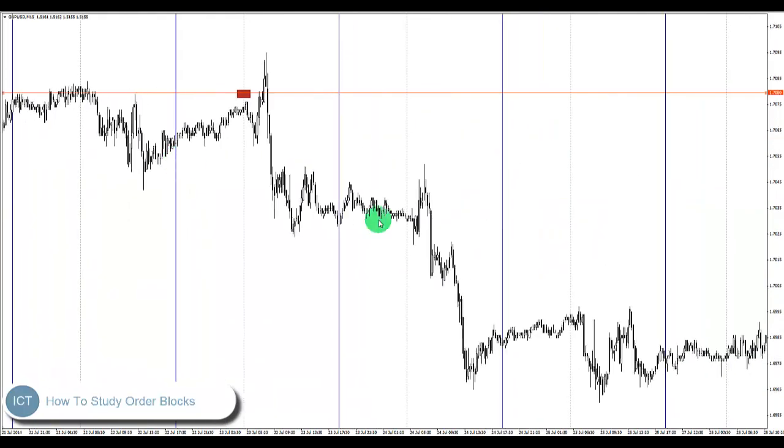Okay, and this one here, I'm tempted to go over the mitigation block because there's a lot of examples of it in this section of market data that we're using to teach the principles that were used all throughout this year in 2014.